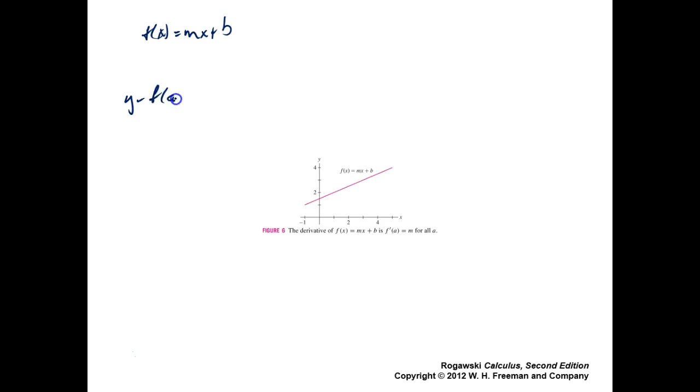F of A equals f prime of A times x minus A. Perfect. Okay? Now, A here, they haven't given us a number. We're just going to use A, which makes it fun, right? So one of the first things we've got to do is find out what f of A is. And what is f of A?